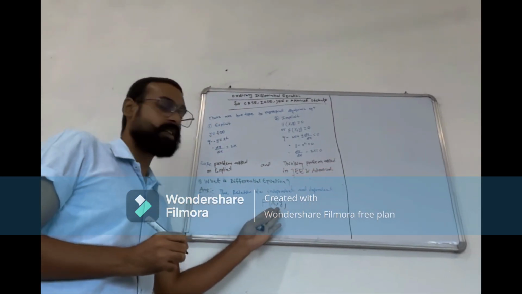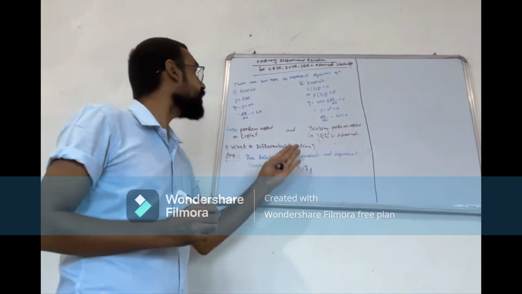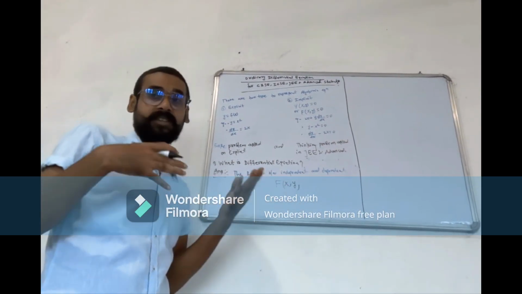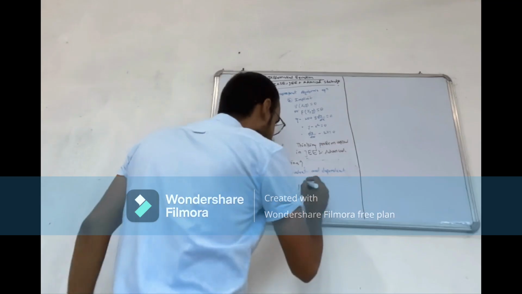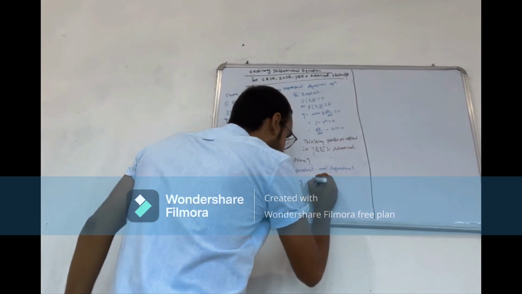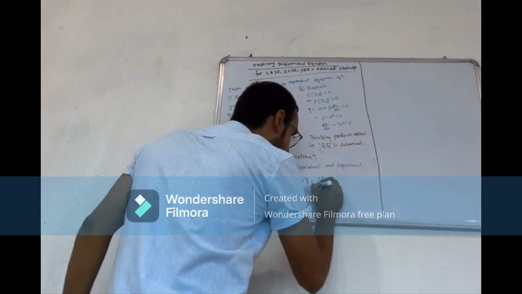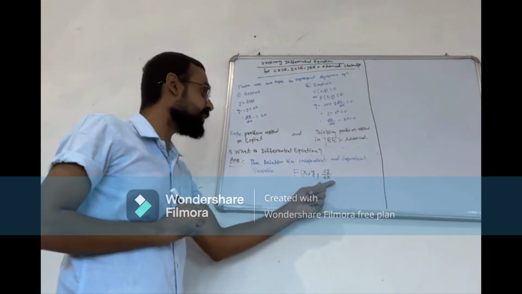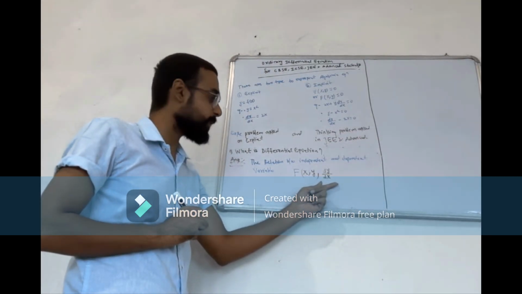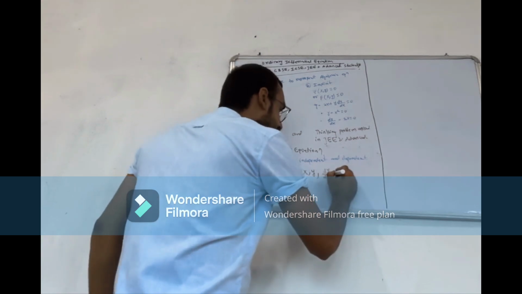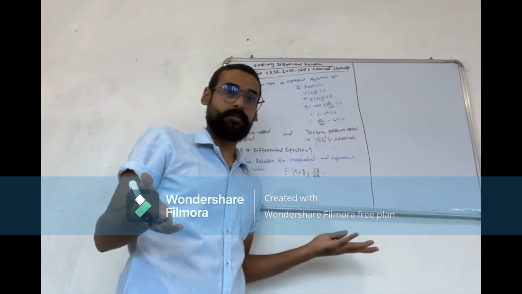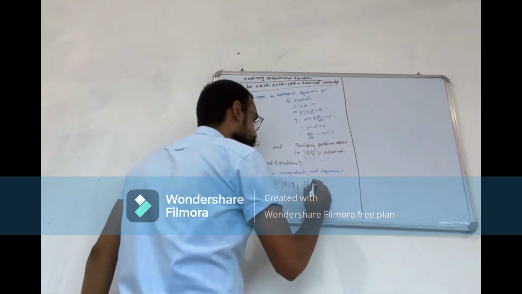So the relation between x and y, and also its relation with the derivative part, dy by dx. And if you have a relation up to nth derivative, it's also no problem.